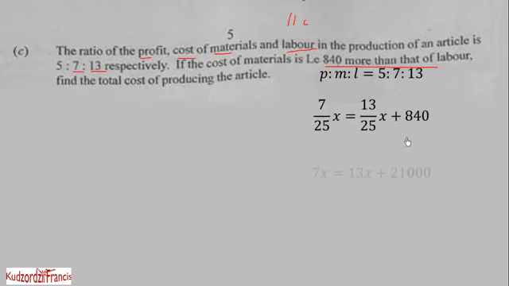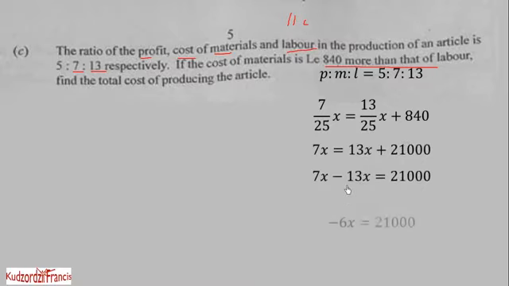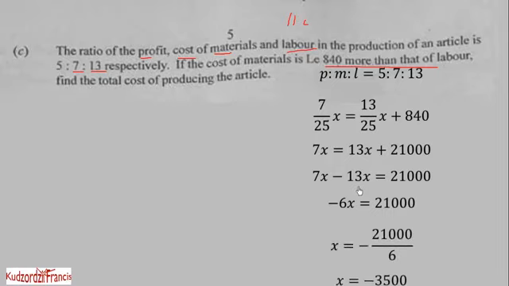Now this is a linear equation that we can solve, and you are going to get a negative result. So this ratio should have been less. If it were less, then you would have gotten a positive result.